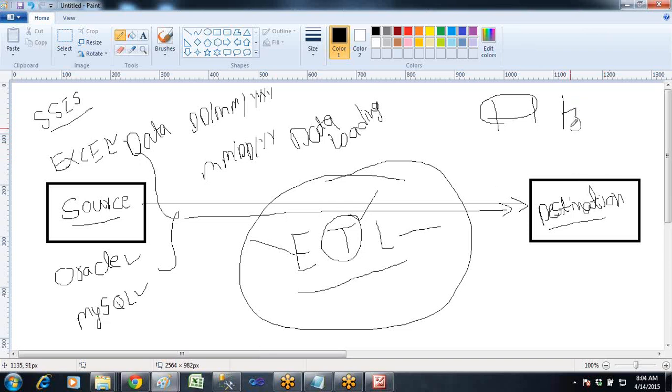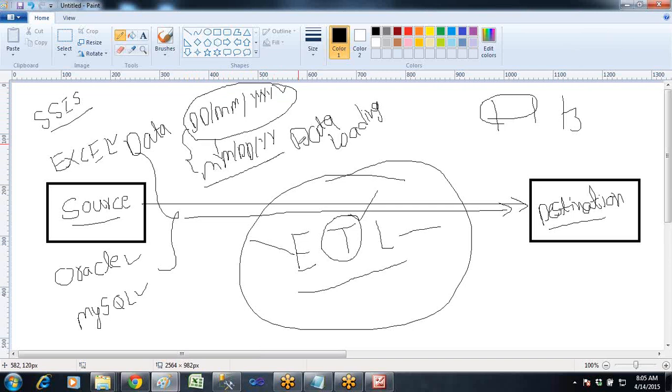But from the third source, the data is coming in this format. If you compare these two formats, are they the same? No, not the same. That is the reason we convert this type of data to this format. We are changing the form of the data from this format to this format. Whenever we change the data from one form to another form, that is called transform. That is changing the data with respect to business logic.